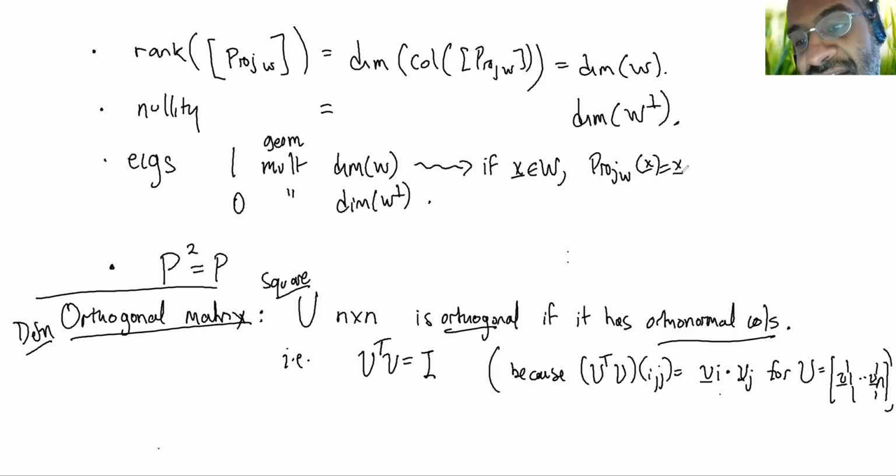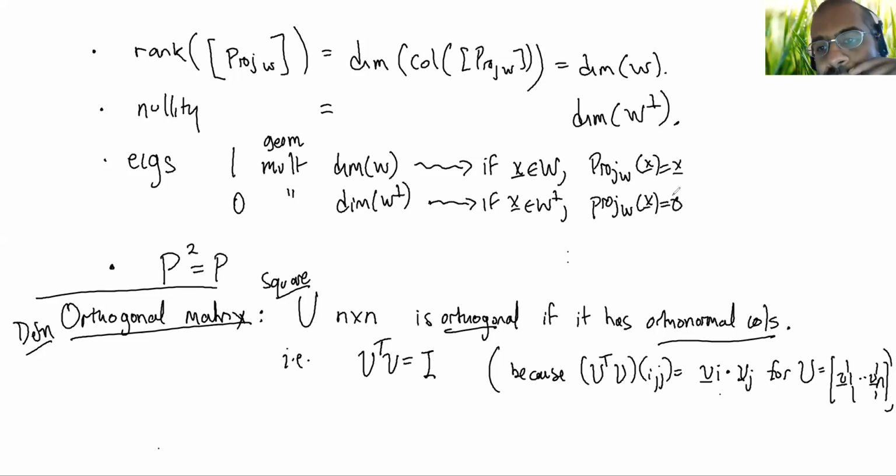So that means it's an eigenvector. It didn't change the direction, it just multiplied by 1. Does that make sense? And if you have any vector in W perp, the projection onto W of that vector is 0. Okay, so before I go back to the slide, does this answer the question about eigenvalues?